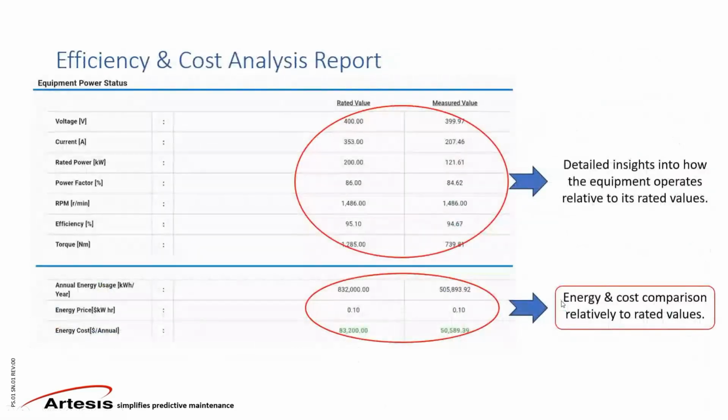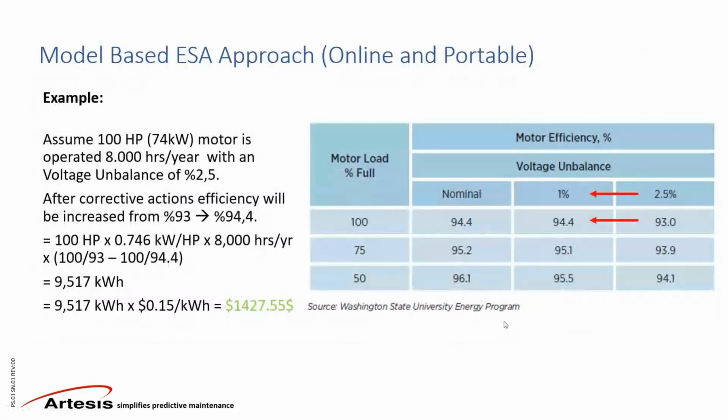And then these numbers will be referenced to the rated value of the motor, so then you can immediately see if there is any discrepancy on the measured values, and you will see the total power consumption in terms of, again, dollar or euro, or your currency of choice. And the system will also tell you, again, how much you are going to lose if there's any problem with regards to the incoming power quality, right?